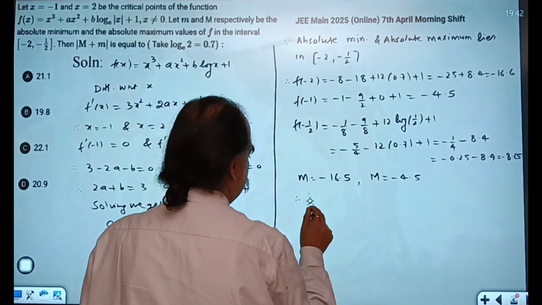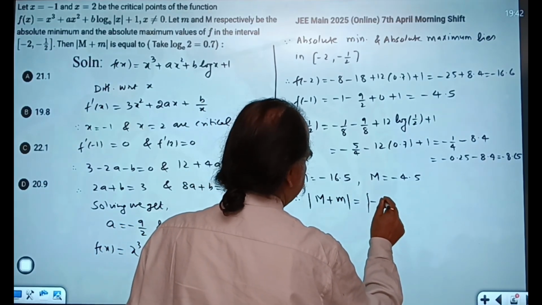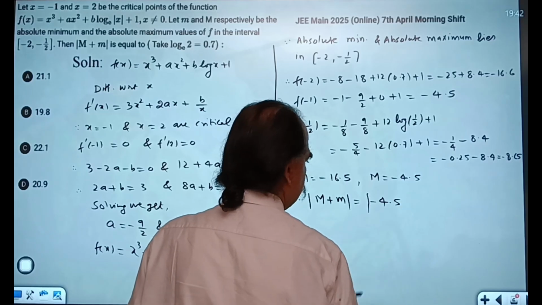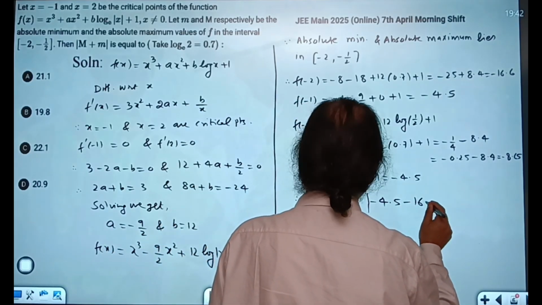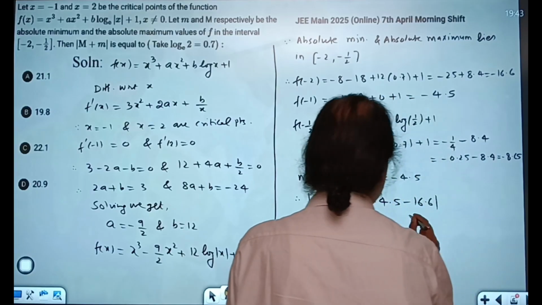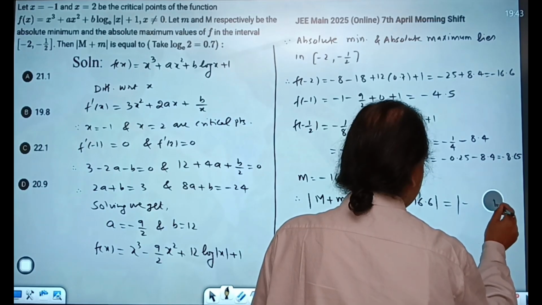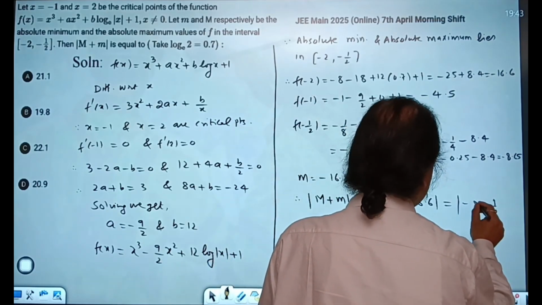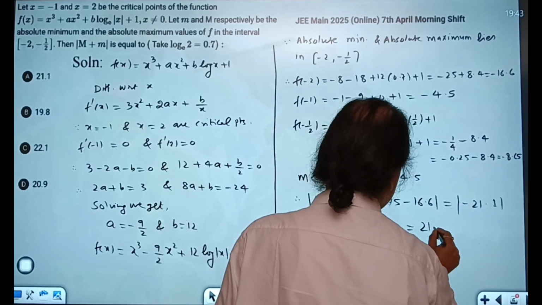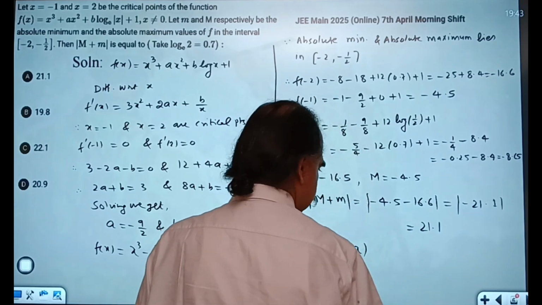Therefore, modulus of capital N plus small n is equal to minus 4.5 minus 16.5 (16.6), which is modulus of minus 21.1, which is the same as option A. The answer is A. Right.